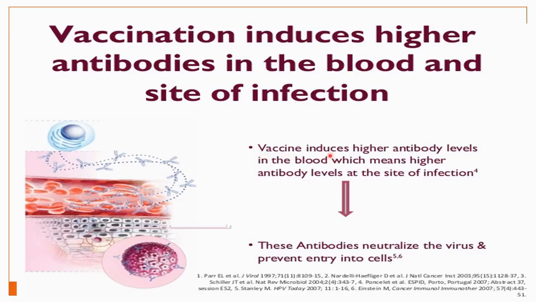So it has very good protection. These antibodies neutralize the virus and prevent its entry into the cell, so it doesn't let the infection spread to the normal cells. So at the site of entry only, it is killing the virus.